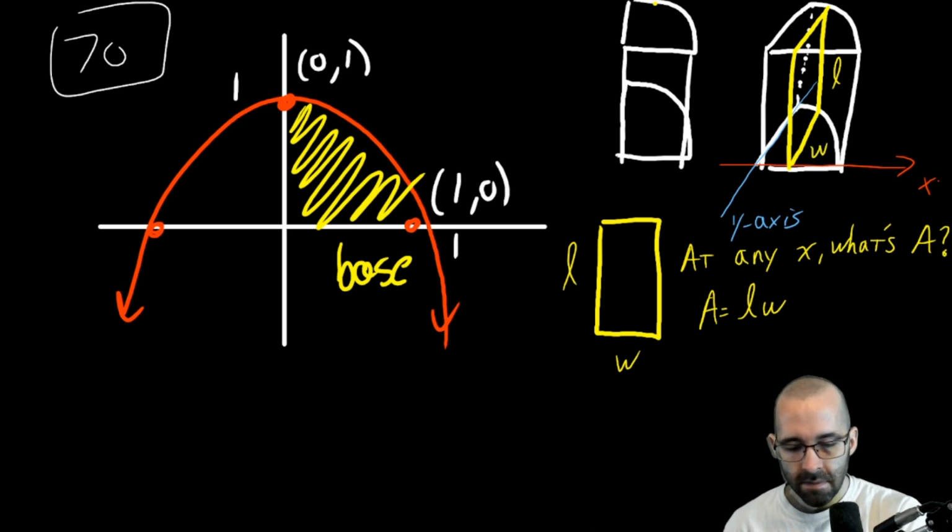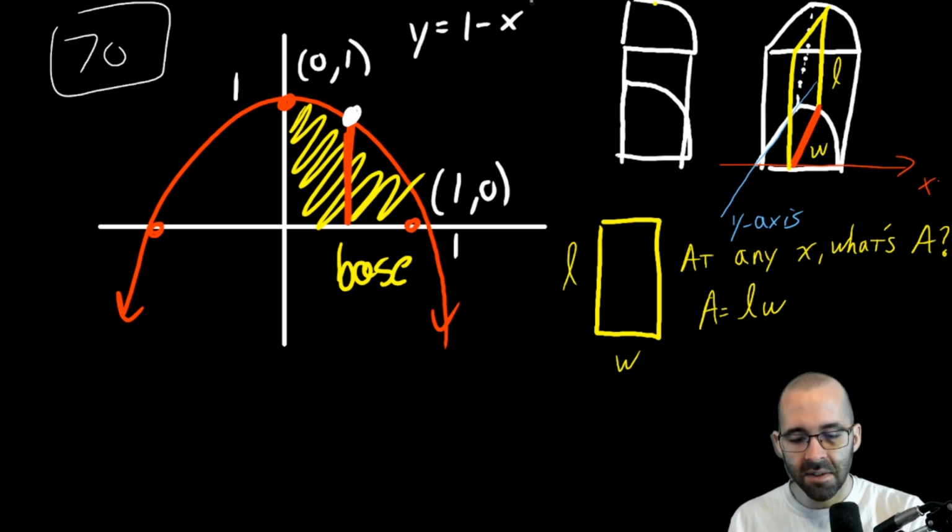Because this width right here is this. So at any x, it would have been easier to use y's. Oh well, it's fine. Well, at any x, what is this? Well, the relationship here is that at this point, y is just equal to 1 minus x squared.